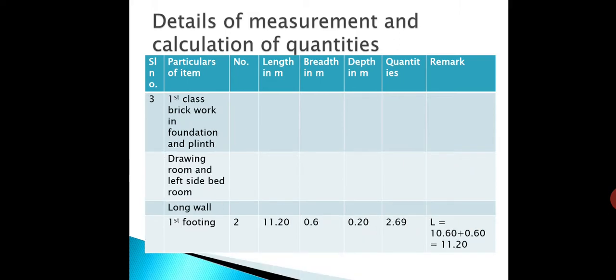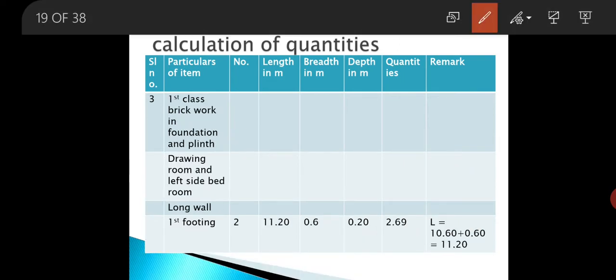So write down in the details of measurement form serial number 3 and under particulars of item, first class brickwork in foundation and plinth. So first we will go for the first part, which is consisting of drawing room and left hand side bedroom.